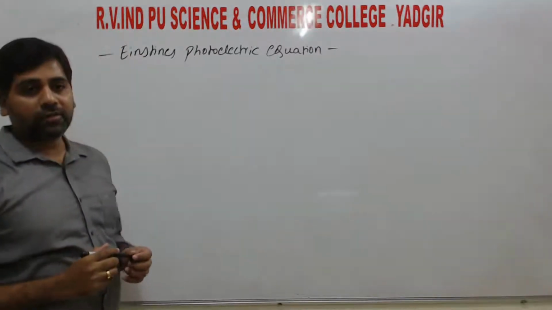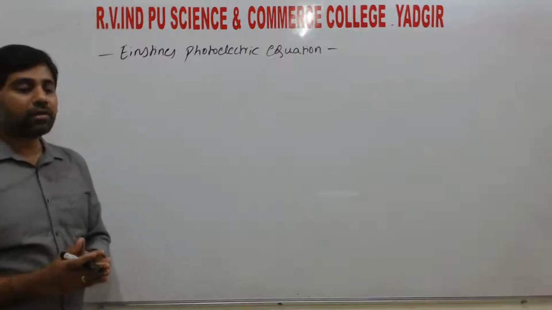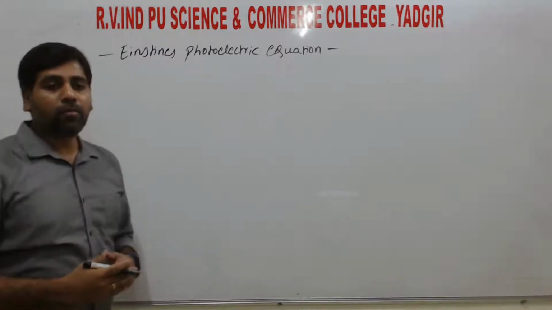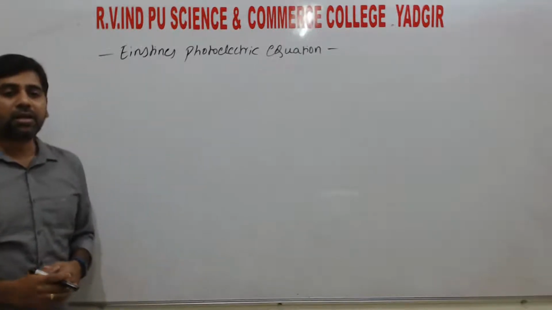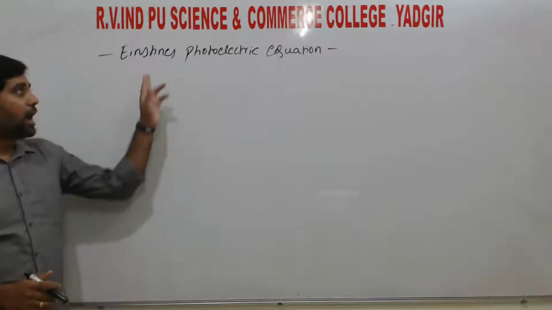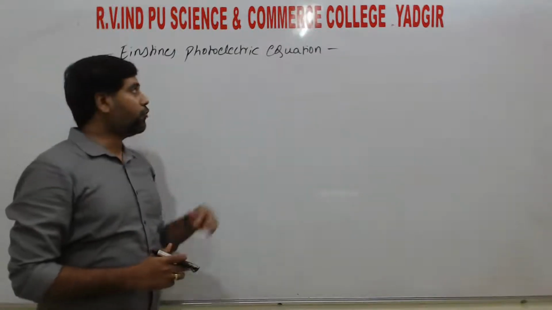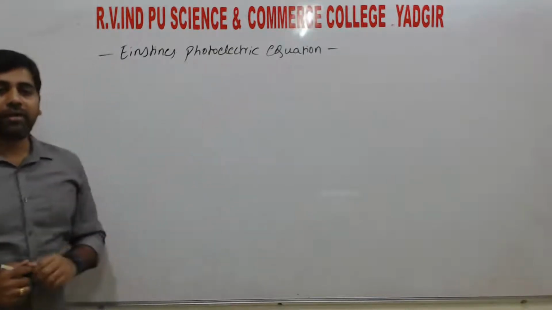In the previous classes, we discussed the experimental study, and there was no equation related to the photoelectric effect in mathematical form. There were only the experimental methods and the theoretical explanation, right? Here Einstein for the first time gives the mathematical relation for the photoelectric effect, which we call the photoelectric equation, right?